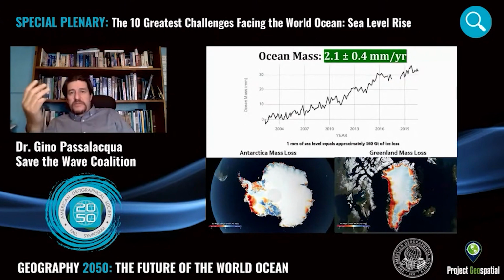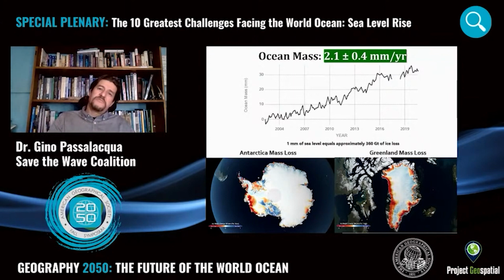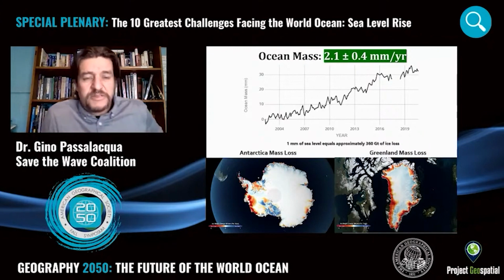Ocean mass, as you can see in this time series, has increased 2.1 millimeters per year. The main contributors are Greenland and Antarctica.